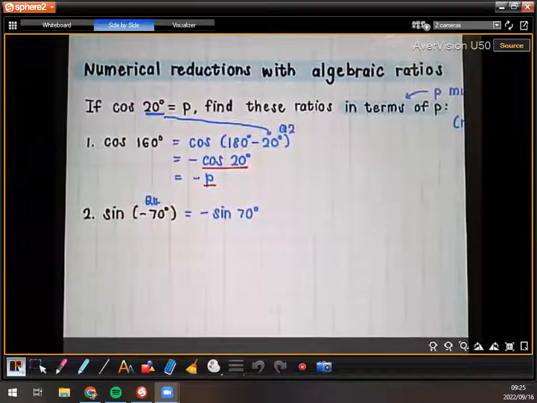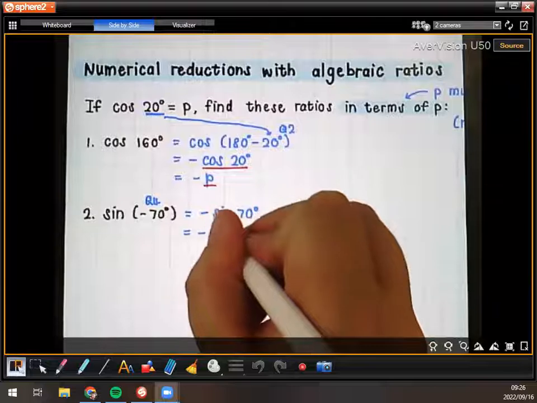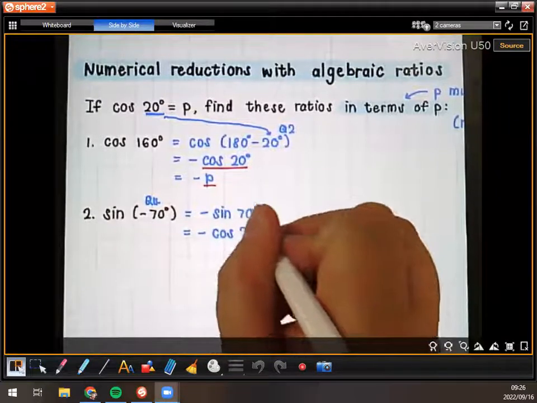Now guys, I need to express this using cos 20 so that I can use p. Now what do we think? Sine 70, cos 20? In co-ratios, right? 70 and 20 is 90. So I can actually just change sine 70 to cos 20.